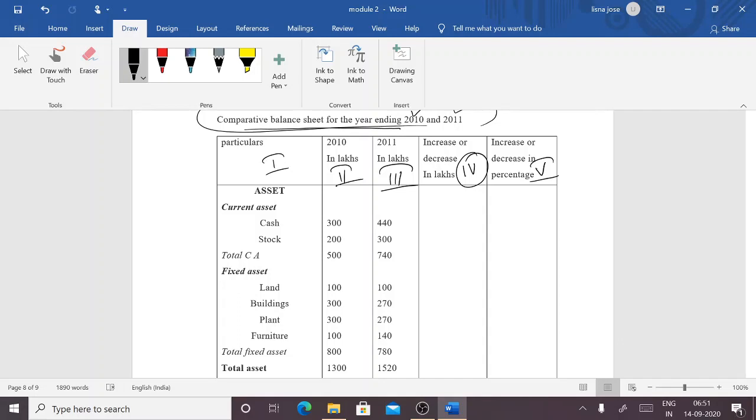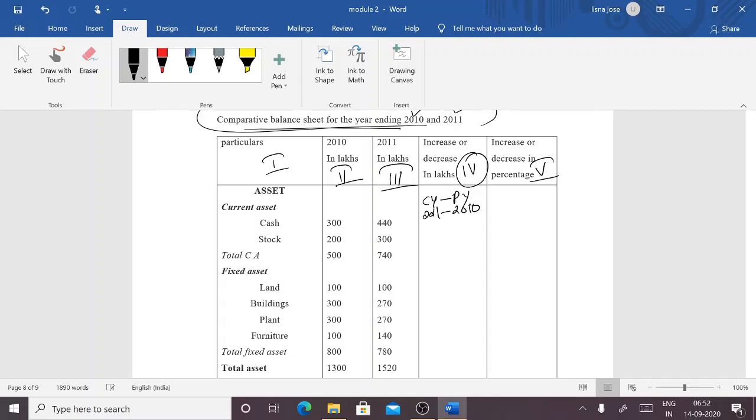So the first item here: in 2010 the cash position is 300 and in 2011 the cash position is 440, given in lakhs. By comparing, we calculate the current year minus the previous year, 2011 minus 2010.